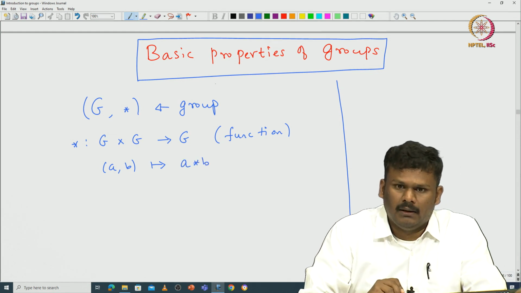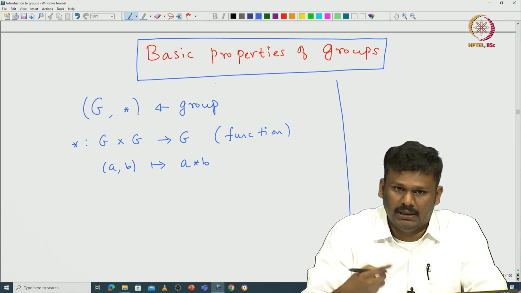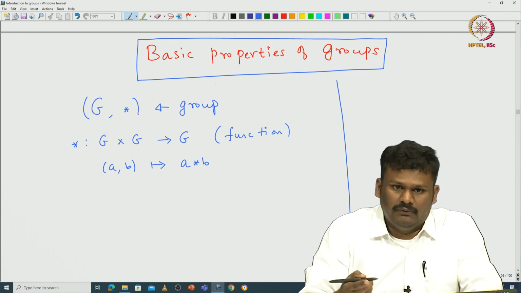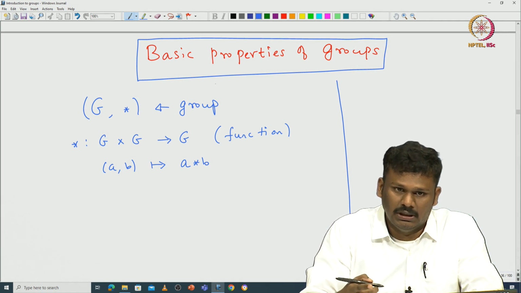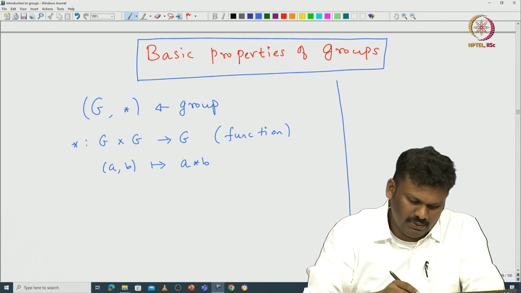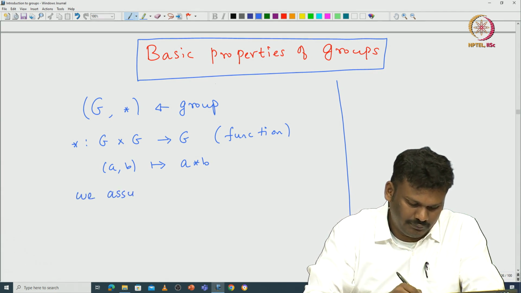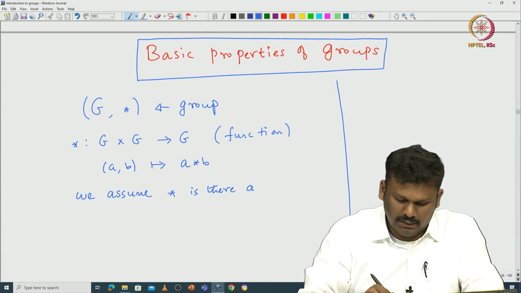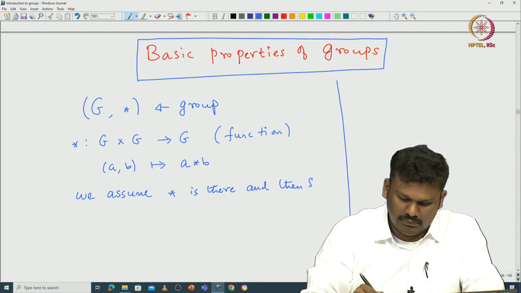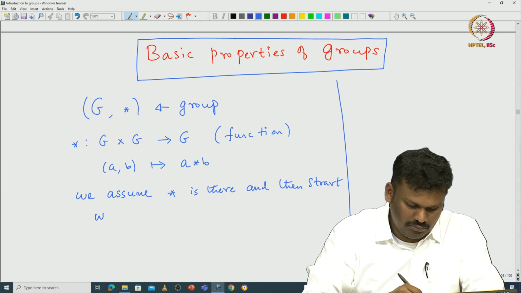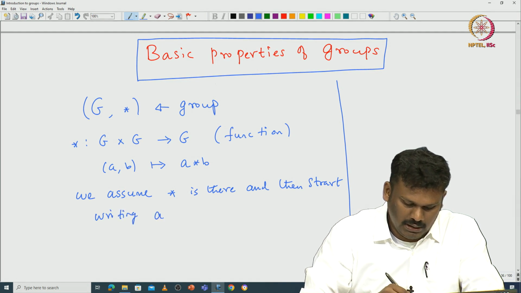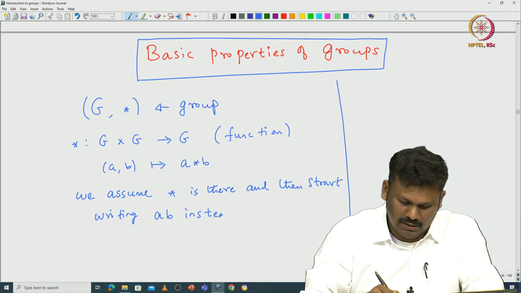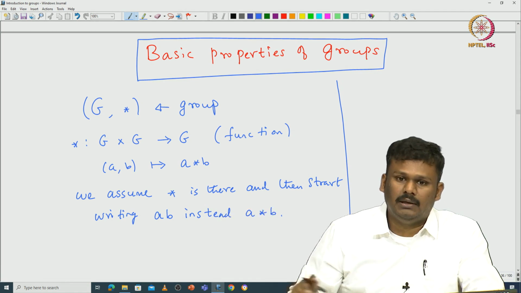Since I want you to get familiar with abstraction, whenever I say group, we will start ignoring this notation star in what follows next, okay. So for example, we just assume star is there, and then start writing AB instead of A star B, okay.